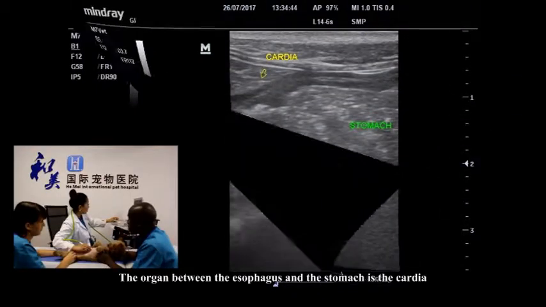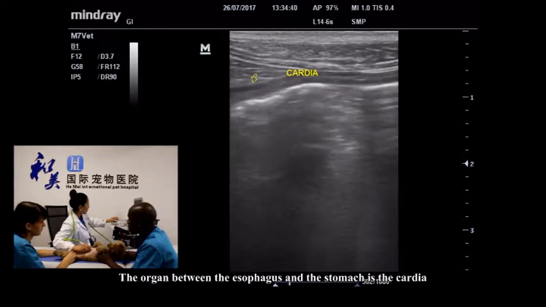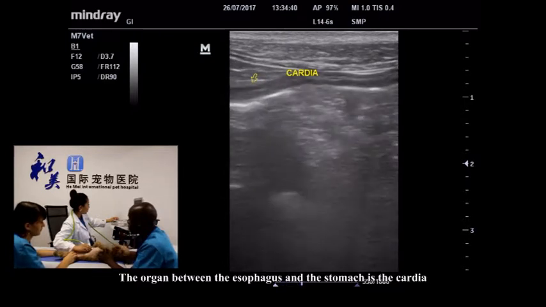The organ between the esophagus and the stomach is the cardia.